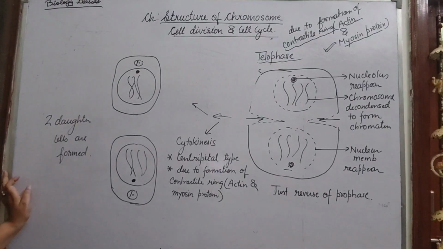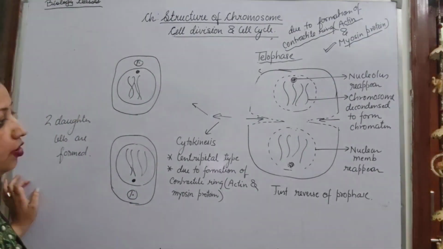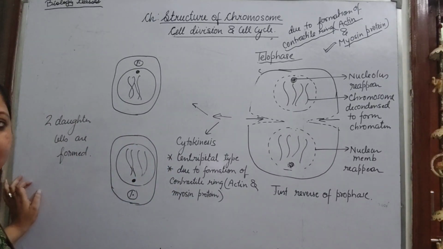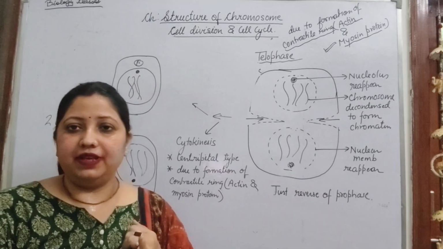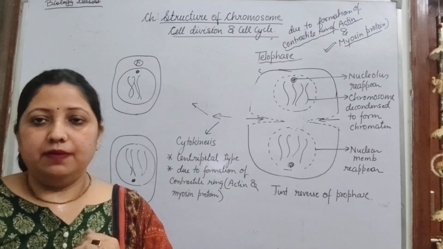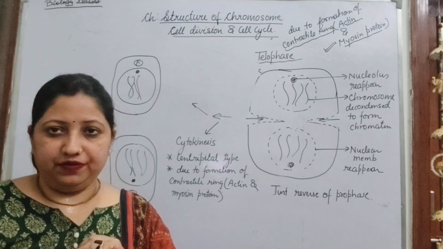So this kind of changes we have seen throughout all the phases, from the interphase up to the last cytokinesis. After interphase, the cell enters into the prophase. Prophase has two stages, early prophase and late prophase.